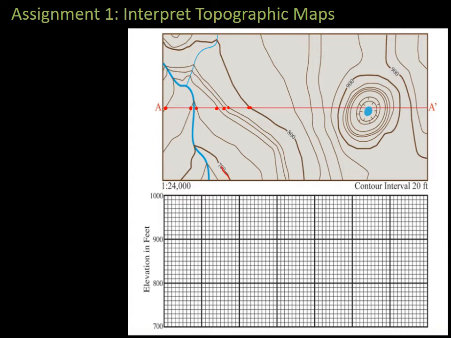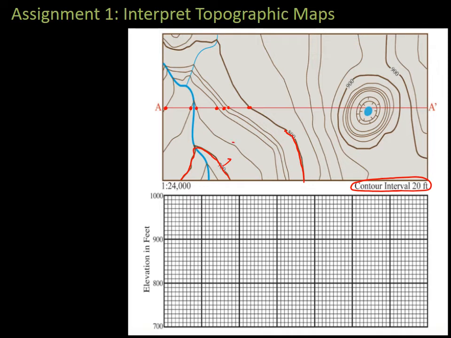This line here is labeled at 700, and we're told the contour interval is 20 feet. So if this is 700 and this one over here is 800, it must be uphill in that direction.